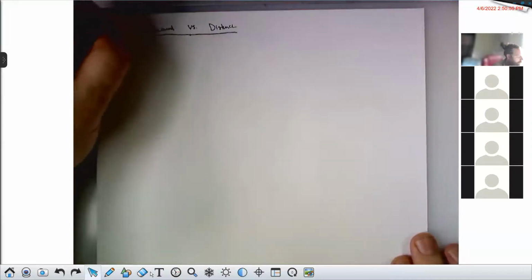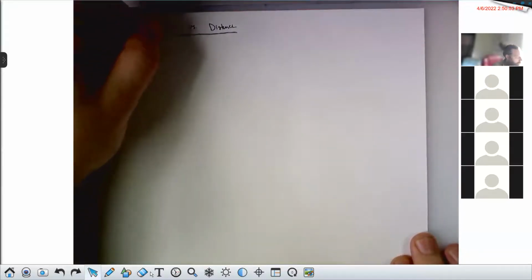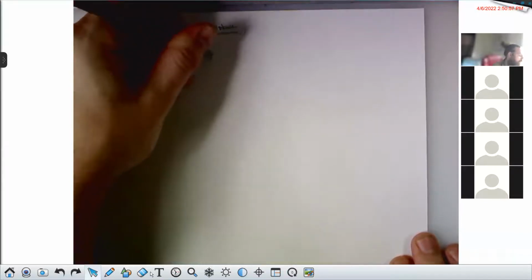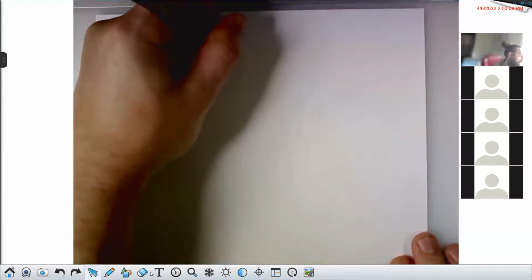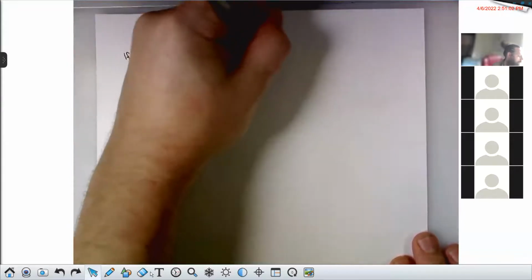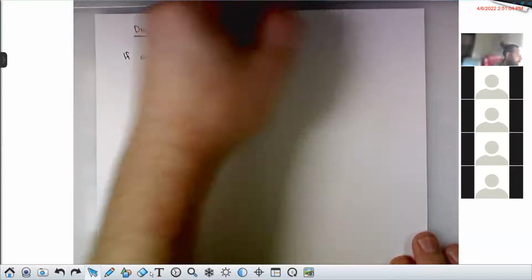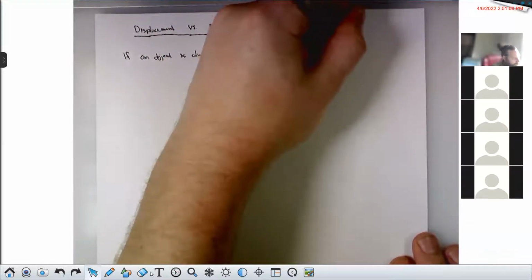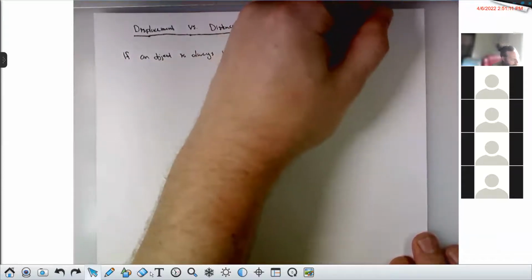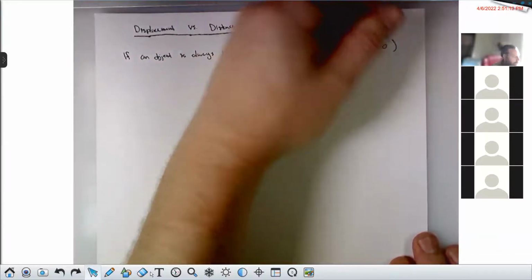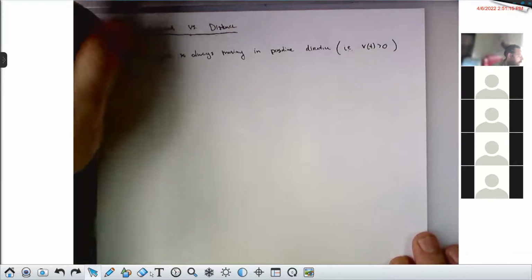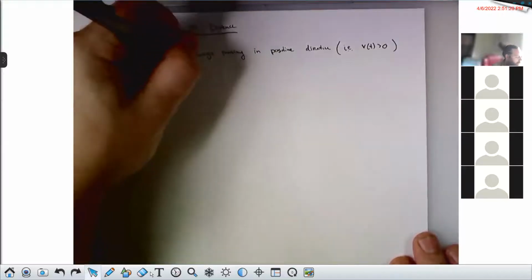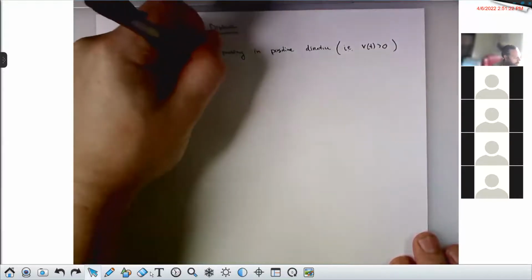If an object is always moving in the positive direction, and this would mean, i.e., V of t is always positive, then displacement and distance are equal.